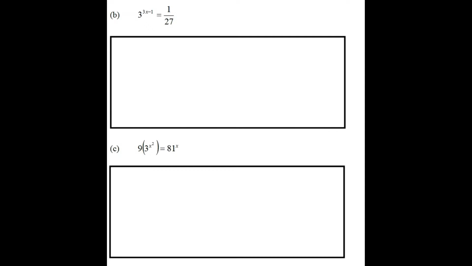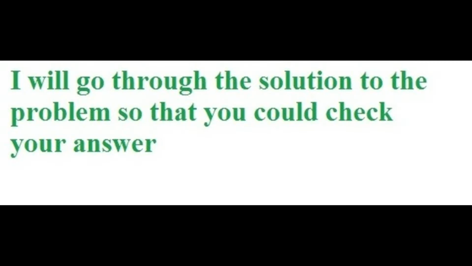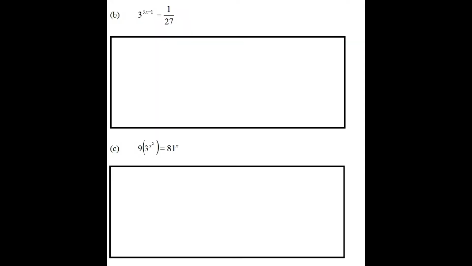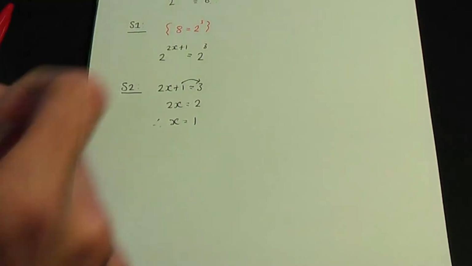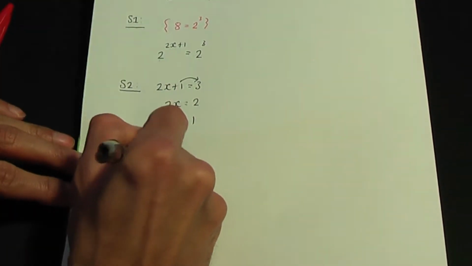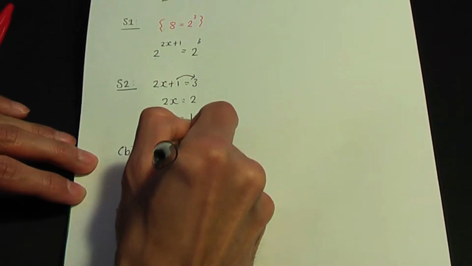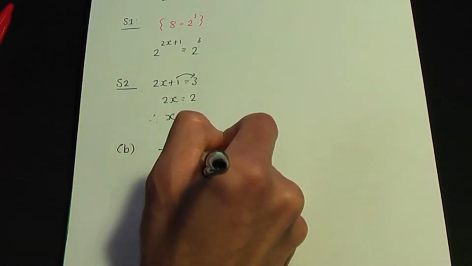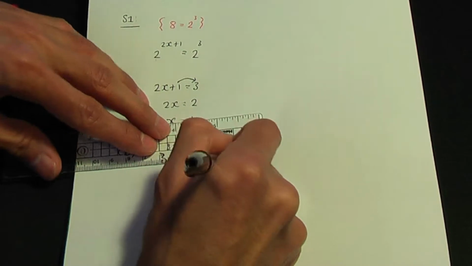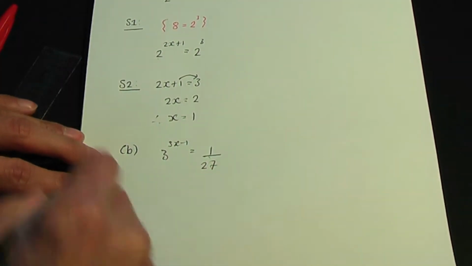So I have 2 further examples. Here's part B of example 1: 3 to the power 3x minus 1 is equal to 1 over 27. So back to the paper and pen. Here I have 3 to the power 3x minus 1, that is 1 over 27.